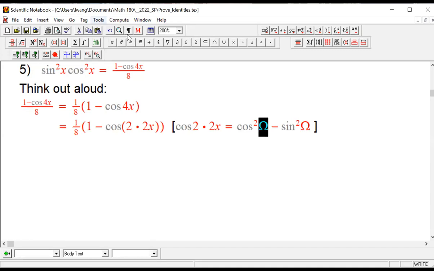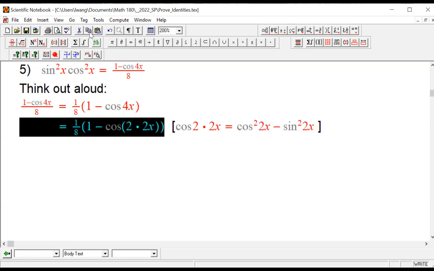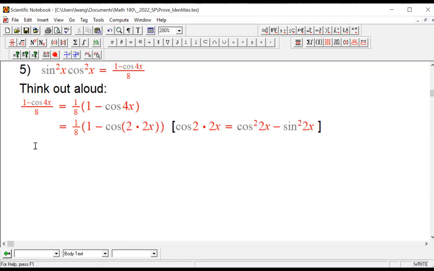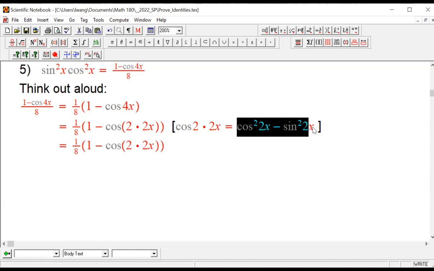That will be replaced by omega, and that will be replaced by omega. So I'm going to replace this piece by its equal. All right? So on my next step, I will replace this piece by its equal.